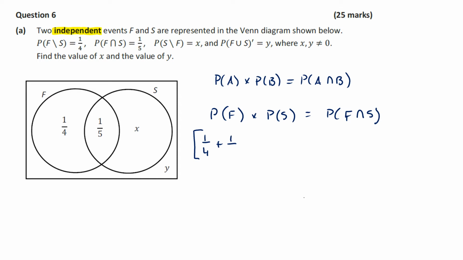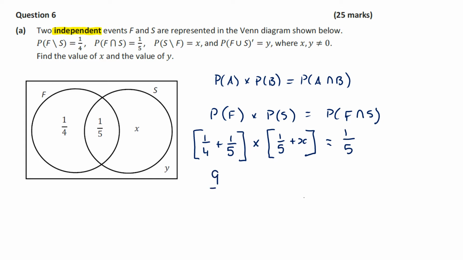It is not just the piece that is a quarter. If I multiply that by S, which is a fifth plus x, we should get, because we know they're independent, 1 over 5.